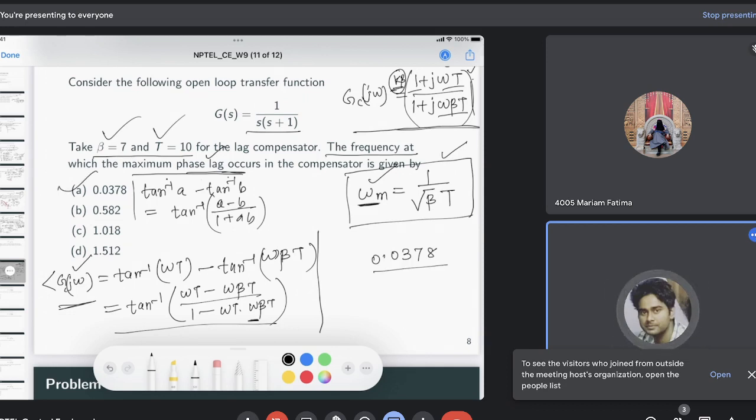So this is the frequency. As you can see, this frequency is very small, because we add this lag compensator to change only the lower frequency range. At this point the lag compensator will contribute the maximum phase lag to the system.